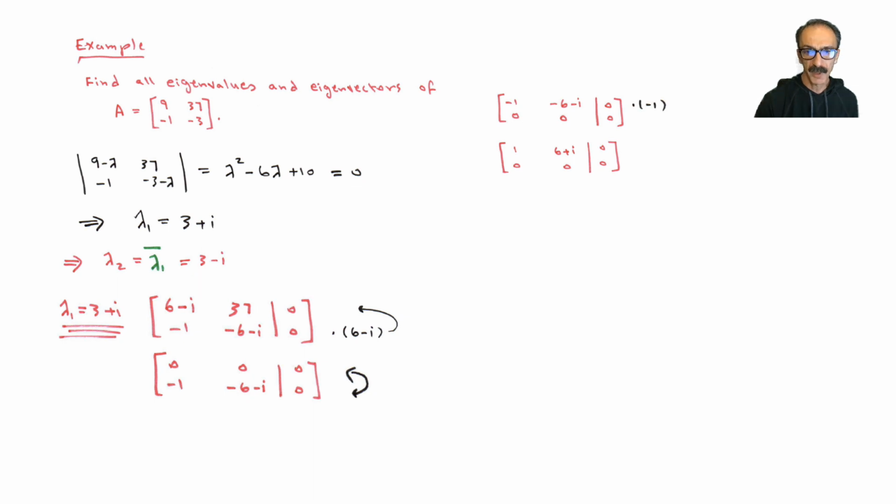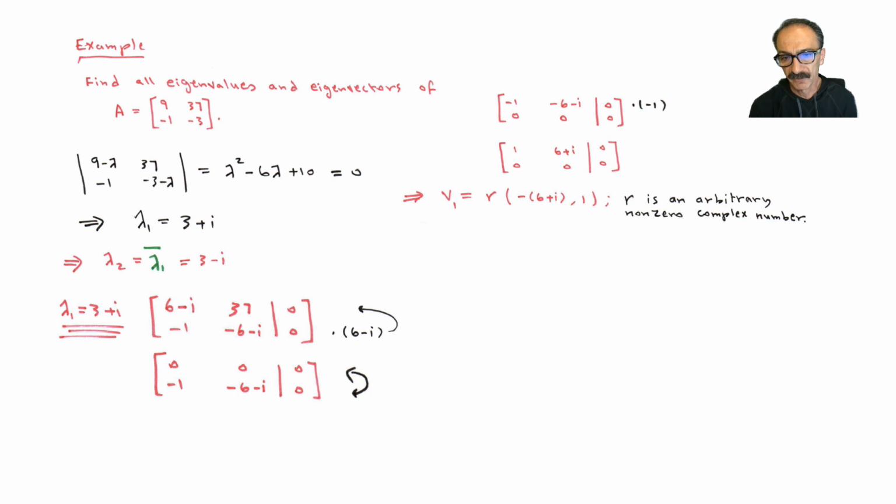To write the equation and solve for it, we get the vector v equals r multiplied by minus 6 plus i and 1. So if you call x2 a free variable r, this right here reads as 1 x1 plus 6 plus i times r.